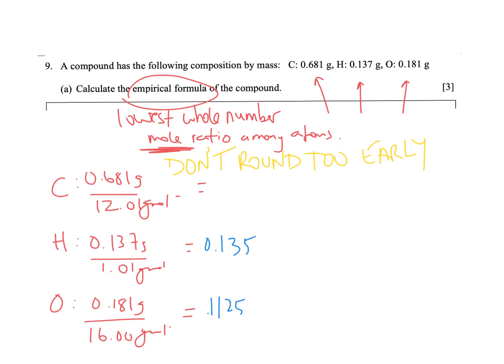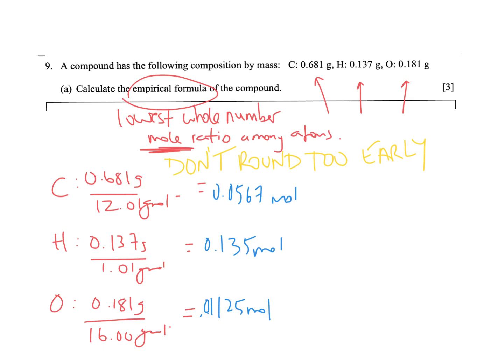And for carbon, you get 0.0567, something like that. Seems about right, I think. Oops. No. There we go. 0.01. Okay, now what you do is, these are all moles, okay?